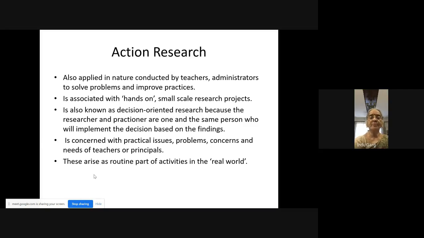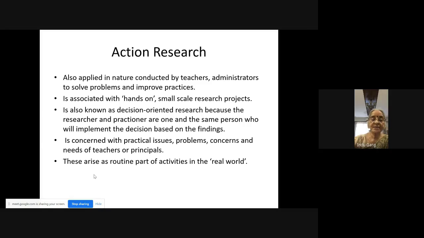These are all immediate problems teachers, administrators, principals and all are facing. But now if you want to really improve upon your situation, the problem is there, you got to research, you got to find out, you got to talk, you got to gather information, and then improve upon the practice of managing your support staff or your teachers or the library or whatever, it could be anything.